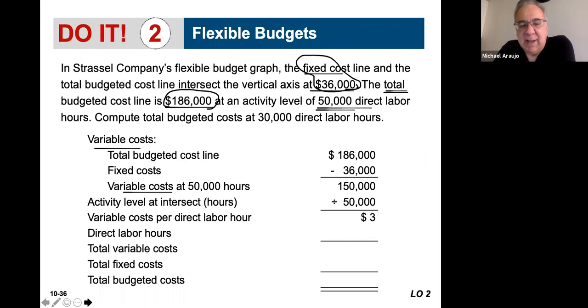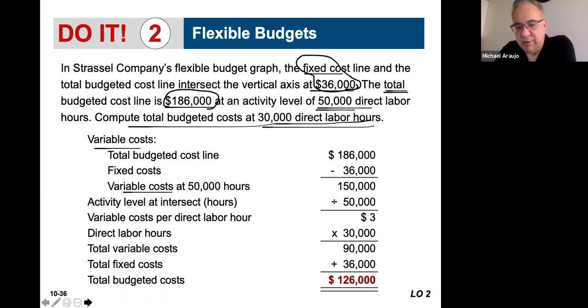That means that direct labor per hour is $3. So they want us to compute what the cost would be at 30,000. Okay. Well, at 30,000, we would have variable costs of 90 grand because 30,000 units at $3 a unit is 90,000. But these fixed costs don't go away. Add them back in, and that would bring our total costs to 126. Okay.